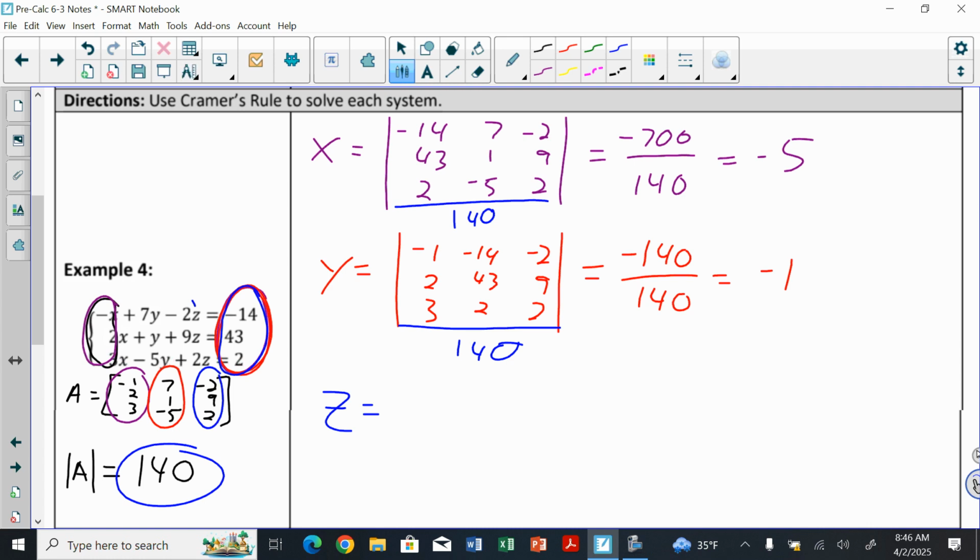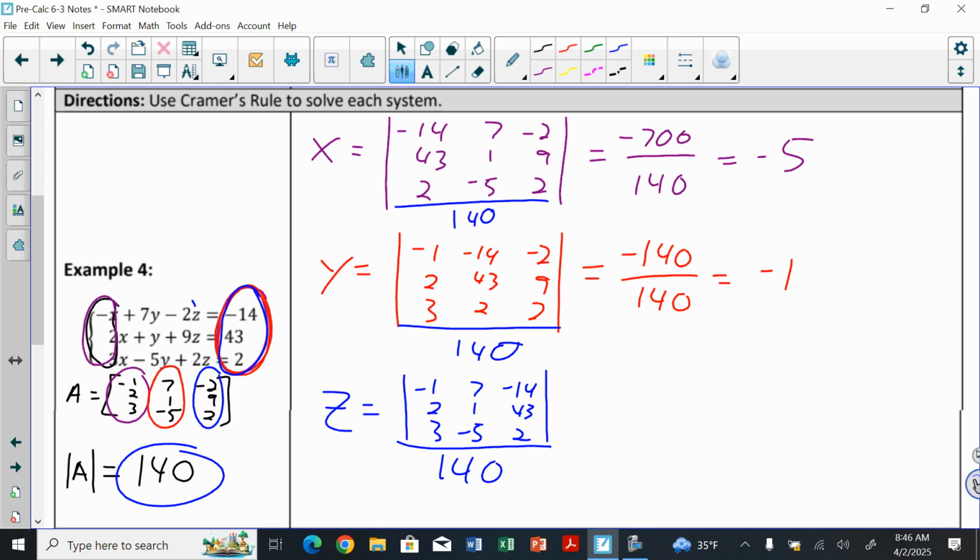The first two columns are going to stay the same, so negative 1, 2, 3, 7, 1, negative 5. And now I replace the third column with negative 14, 43, and 2. All of that over 140, because that was the determinant of the original coefficient matrix.